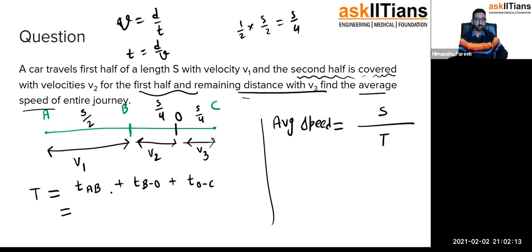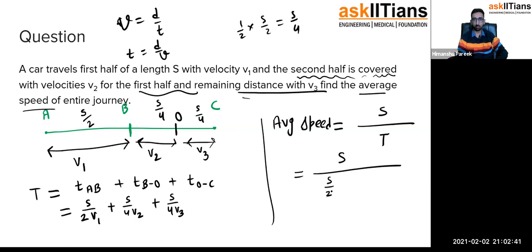From A to B, the distance is S by 2 and the speed is v1, so S by 2 v1, plus B to O, S by 4 v2, plus O to C, S by 4 v3. That's the total time taken, distance upon speed simply. So the average speed is S divided by (S by 2 v1 plus S by 4 v2 plus S by 4 v3).